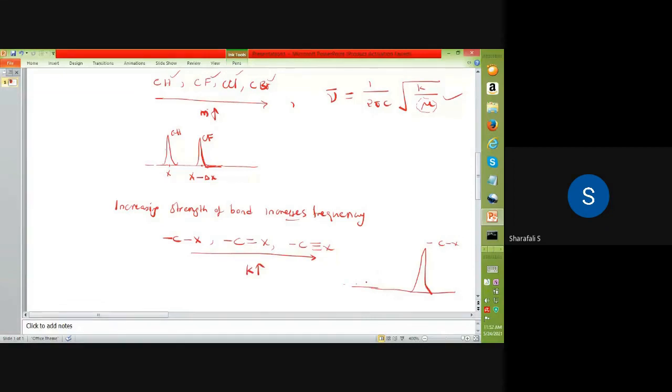It will move somewhere here with the double bond X. I will change this parameter: C double bond Y. Here I have X, and here I will have X plus delta X as my wave number.